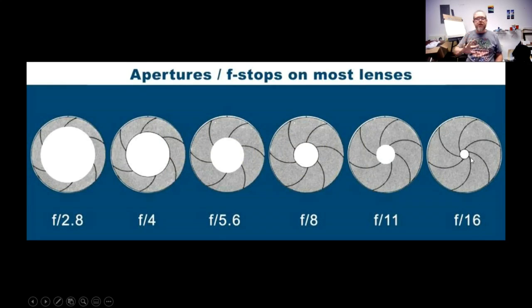But the reason for that is that an F stop is actually represented as a fraction, where F stands for the focal length of your lens. So if I have a 55 millimeter, let's say, right? And then that is divided by the number that you see.